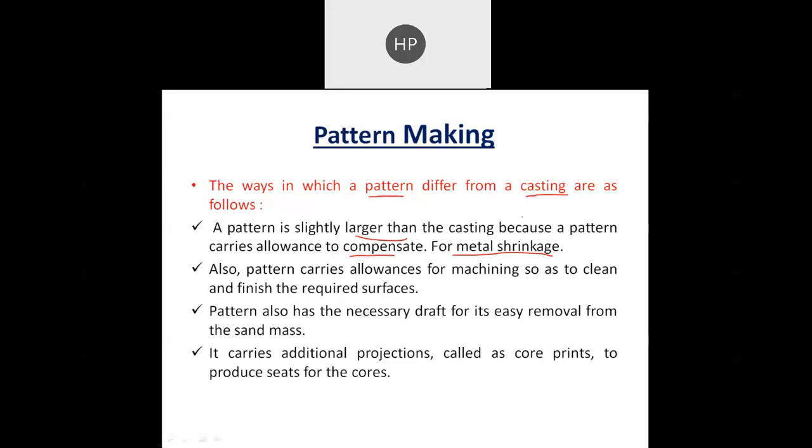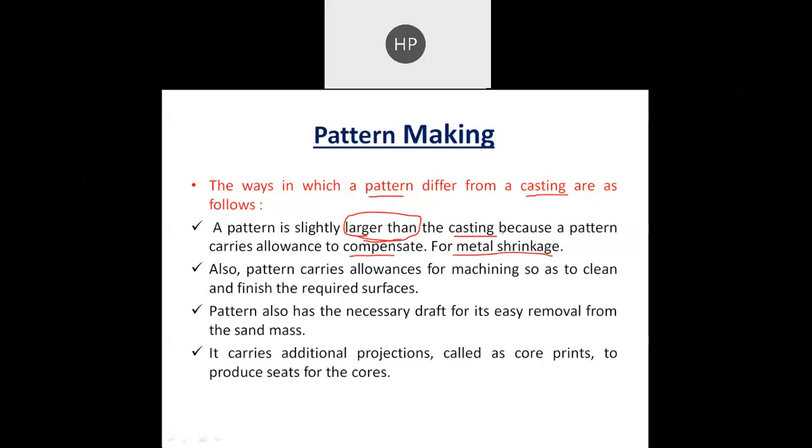That is why the pattern is slightly larger than the casting, because after solidification the liquid will shrink.